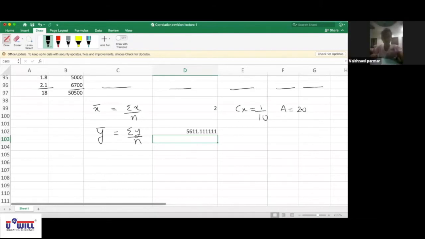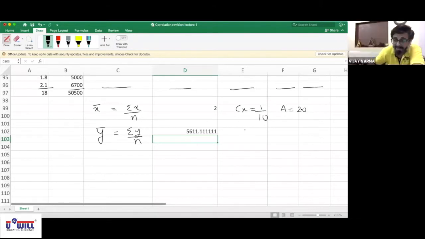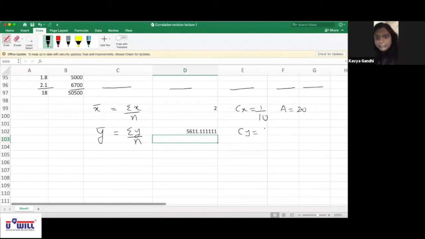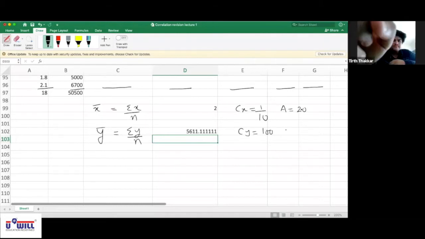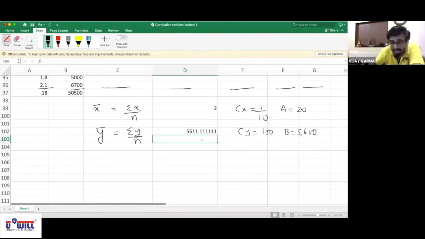Now raise your hand. How will you take assumed mean in case of V? Tirth Thakkar, what will you take? 5,600. Yes, multiple of 100. So B we will take as 5,600. Those who are not clear, see here: y bar is 5611.11.